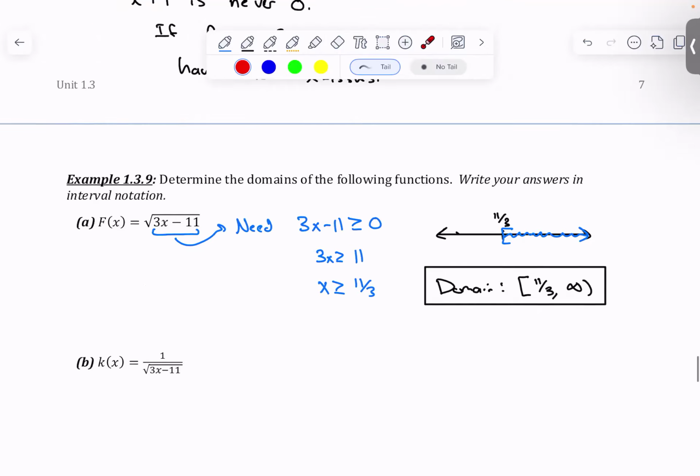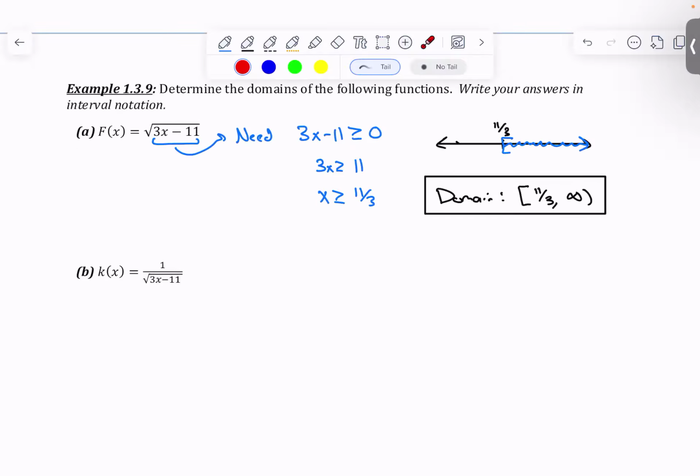Now the next one, k of x is equal to 1 over the square root of 3x minus 11. I'm going to tell you that we need 3x minus 11 strictly greater than 0. But the square root's defined at 0. Why am I only writing strictly greater than? Try and think about that.